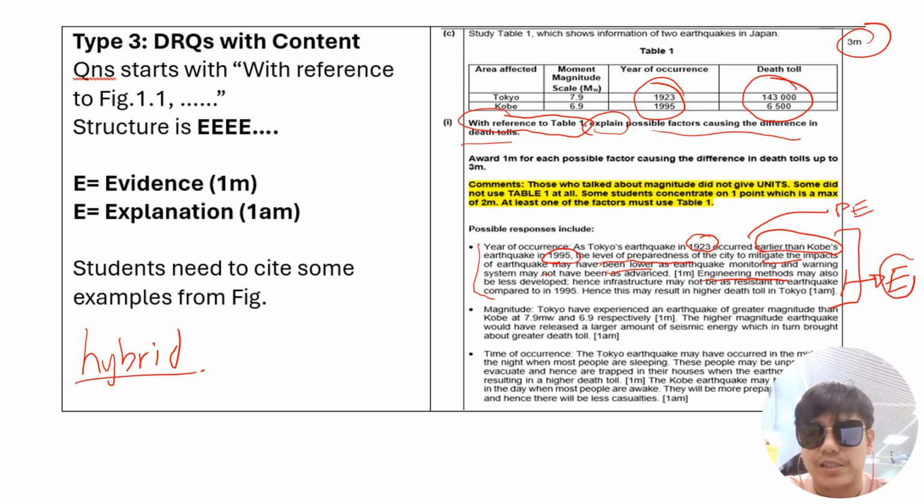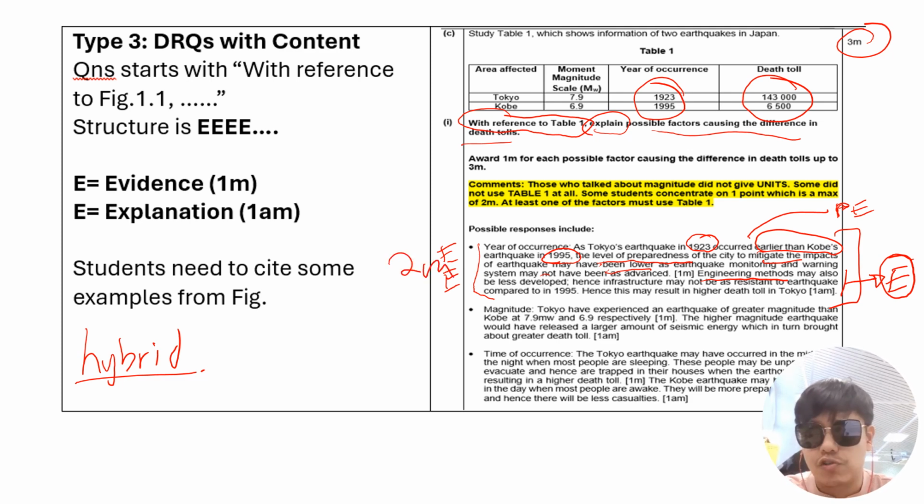So I'm trying to explain over here, okay? So over here, this structure, I know I wrote a PE here, but in general, it is EE. Make sure you have your evidence and your explanation. You want to intertwine them, you want to do explanation evidence or evidence explanation, it is really up to your writing style, all right? And that just gives you 2 marks over here.